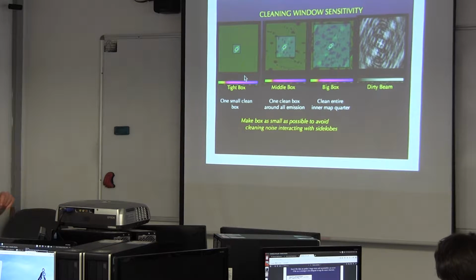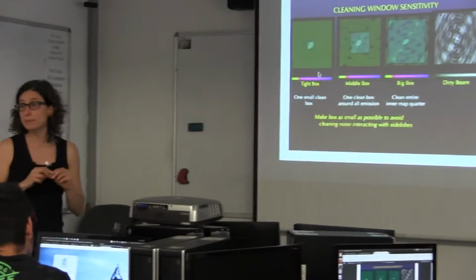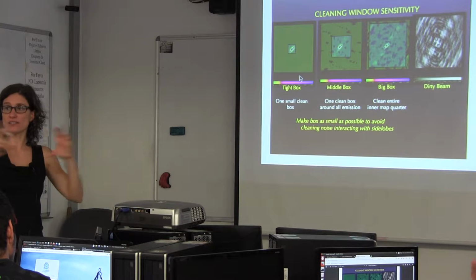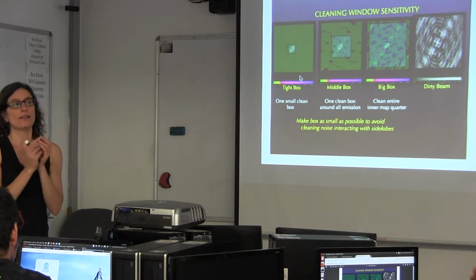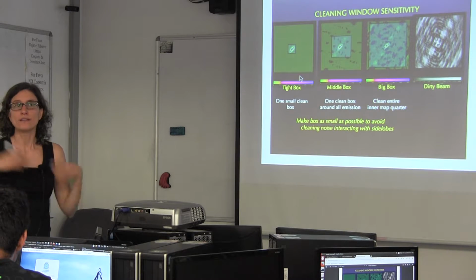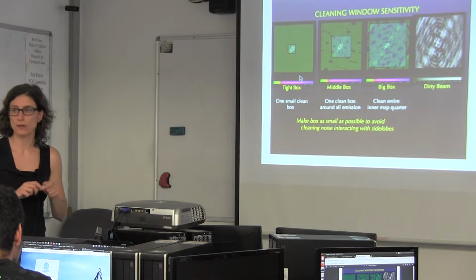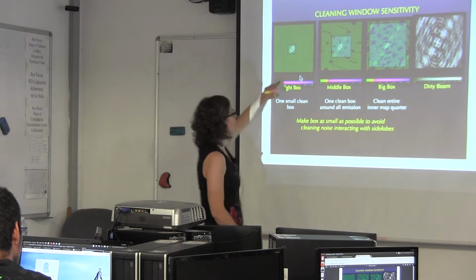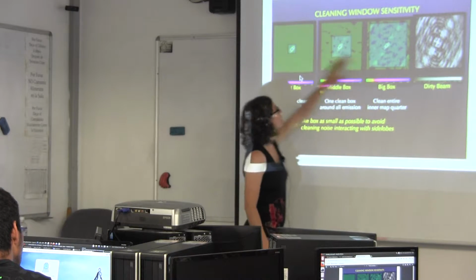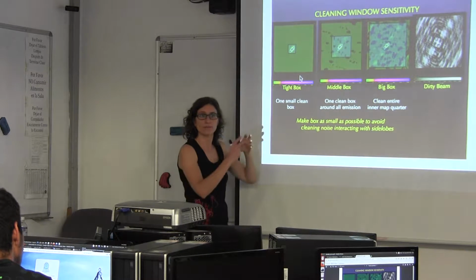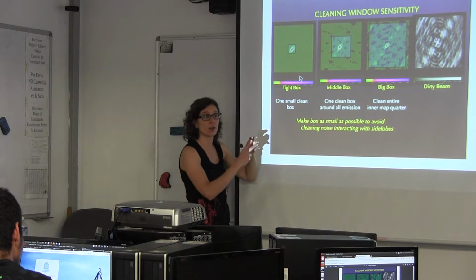And this is also a reminder, because you were all playing with the apps in SIM, selecting different cleaning boxes, the sizes. The better you determine the cleaning box, the better the image will be. This is an example of the final image if you make a very small box where the real signal is coming from.